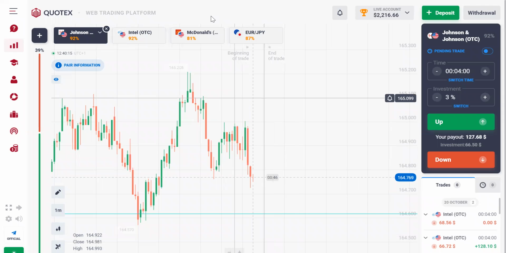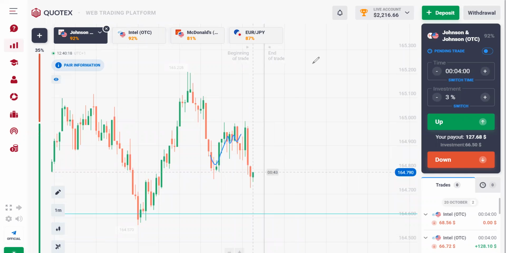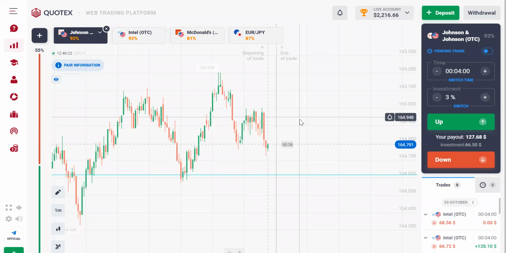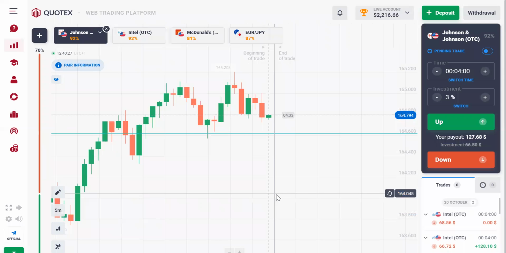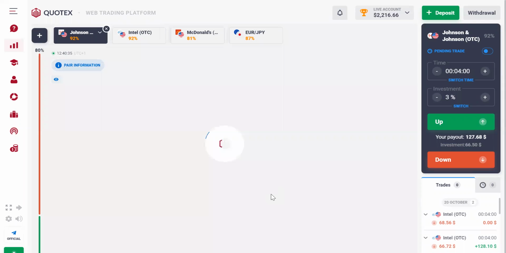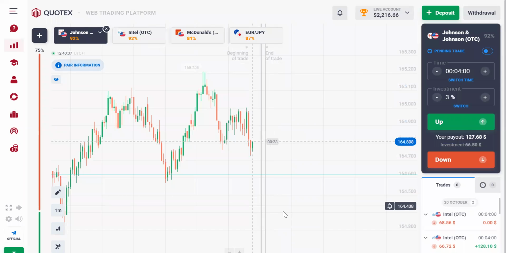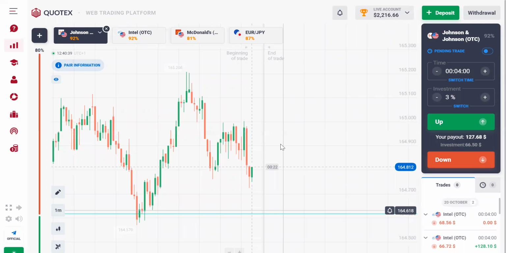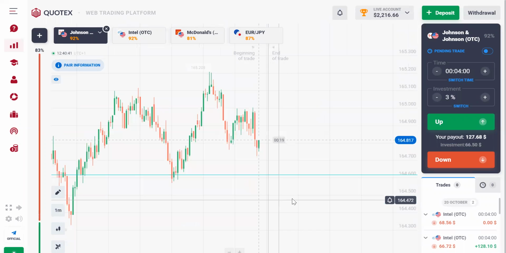Okay, you can see where we had the consolidation, and now it's no more consolidating. All right, so get ready on this one. You could be selling on this market.